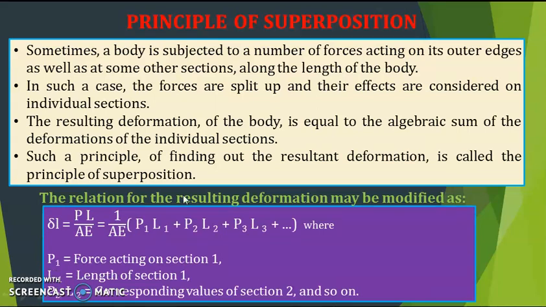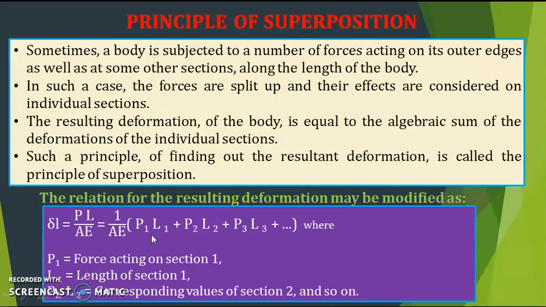So total deformation, you know that. What is that? PL divided by AE. Here suppose there are different sections, 2-3 sections. Then suppose the area, cross-sectional area A and Young's modulus E are same, then you can keep it outside.